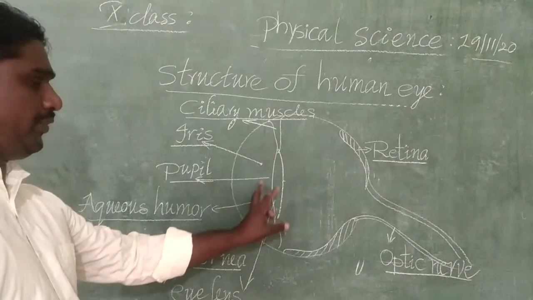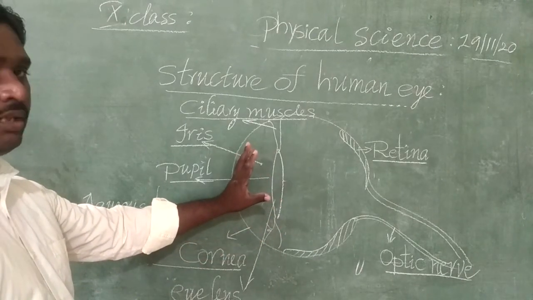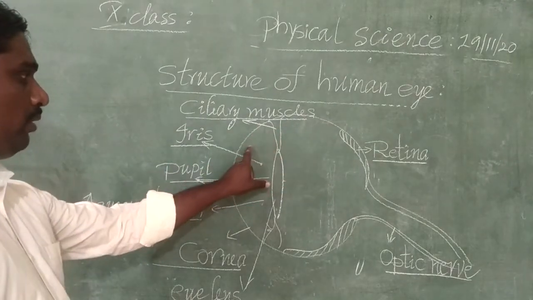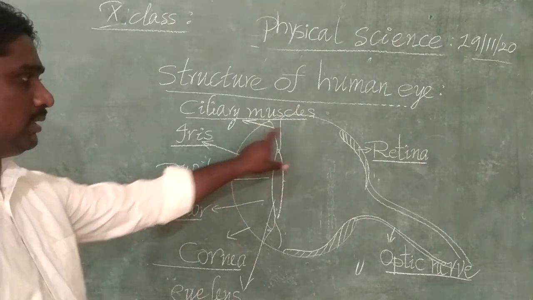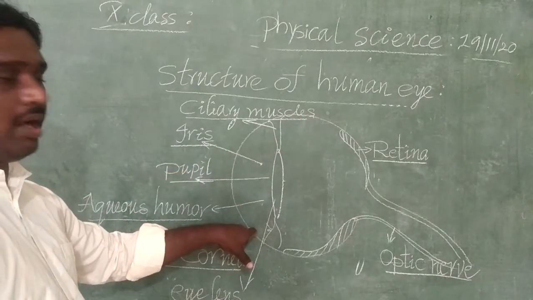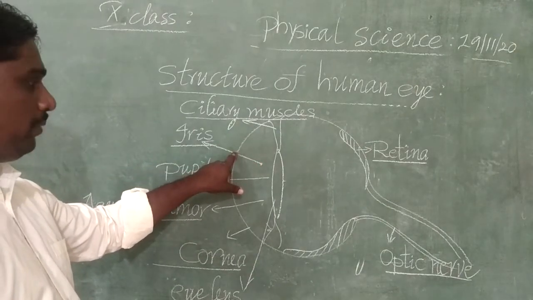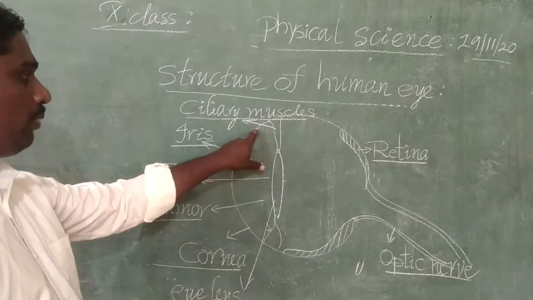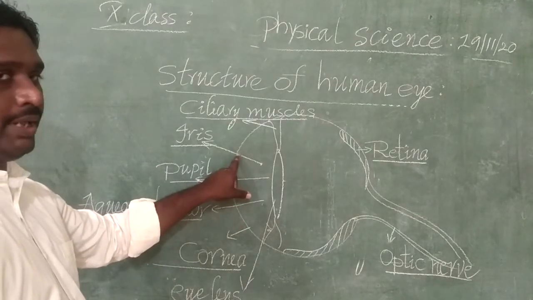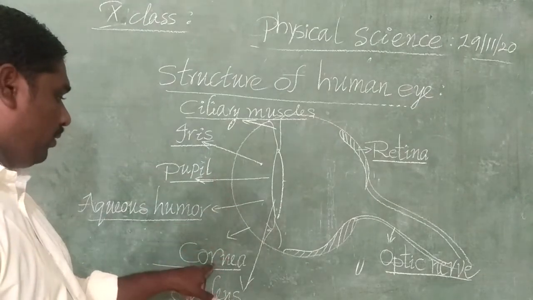In the structure of the human eye, we have the eyeball. This eyeball is almost spherical in shape, and the front portion of the eyeball is sharply curved and protected by a membrane. This membrane is called the cornea.